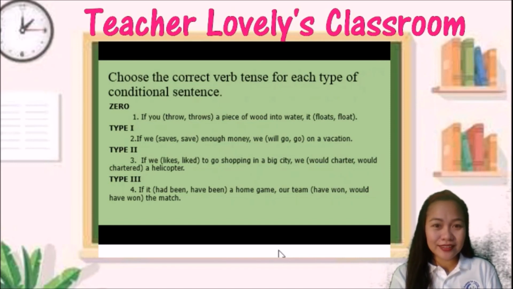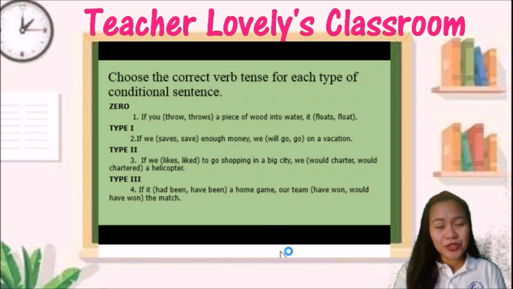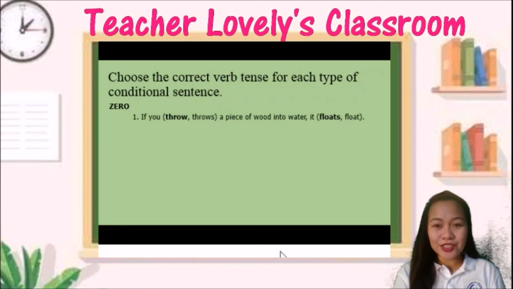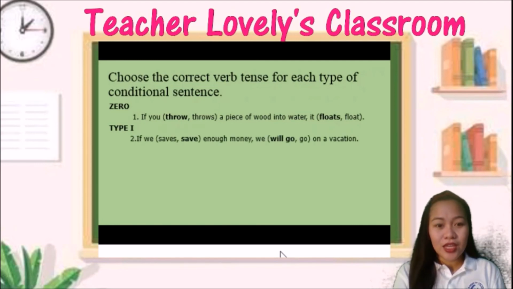Are you done? Okay. So, what do you think? How many of your answers are correct? Let's see. The answer is, if you throw a piece of wood into the water, it floats. For type 1 or first conditional, if we save enough money, we will go on a vacation.